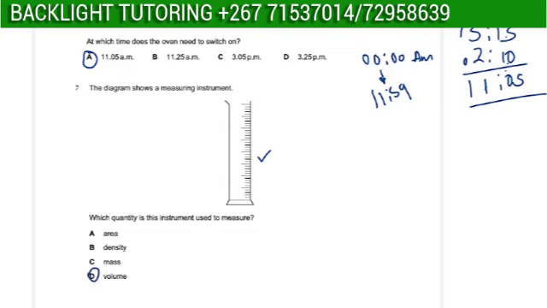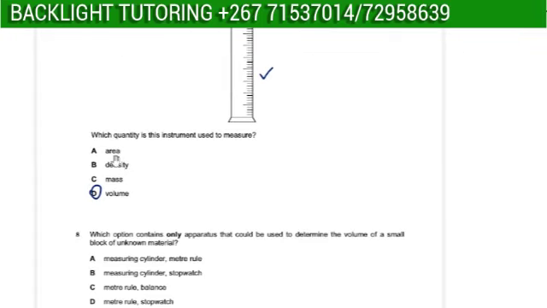Let's go for question 8. Which option contains apparatus that could be used to determine the volume of a small block of unknown material? We have to underline the word only, and then we have the keyword volume, and then block of unknown material.